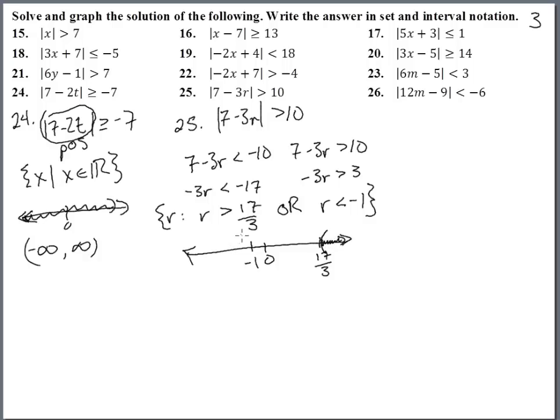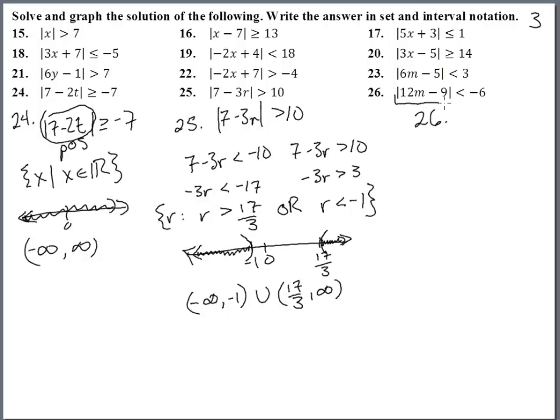We go up, and it's less than -1. So we are down here like that. That's -infinity to -1. Open, open, union, 17/3. Again, this just means that that one particular number, 17/3, is not an answer. Up to infinity. And the last one, number 26.